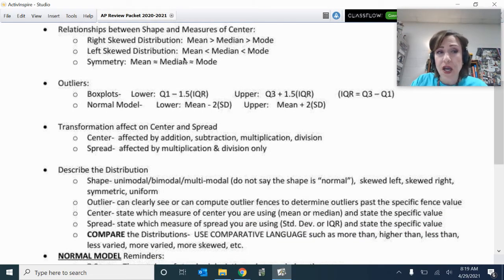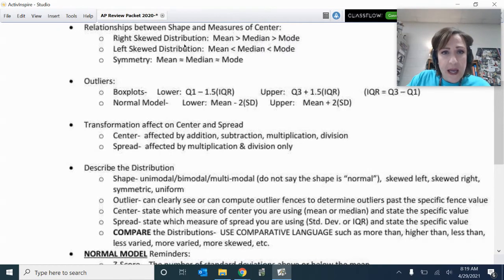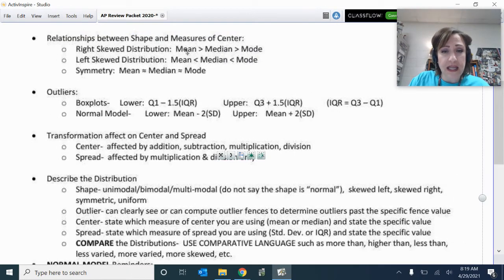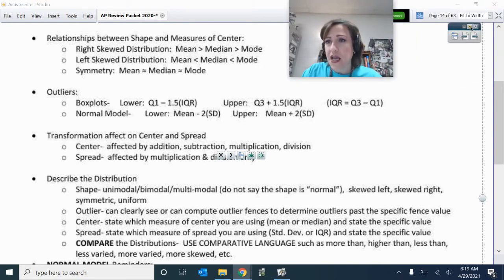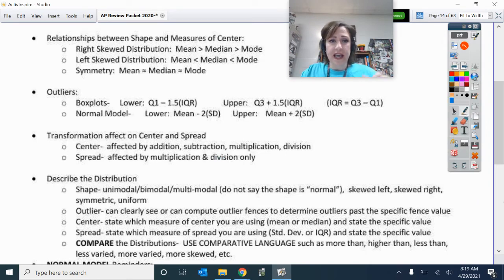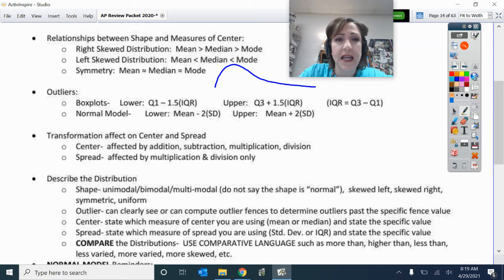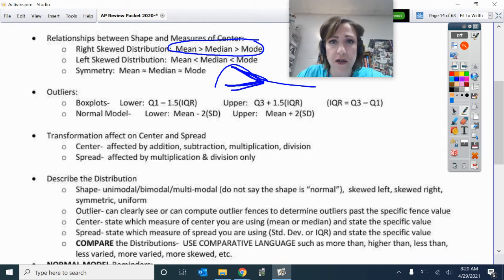All right, now remember that thing about writing mean, median, and mode. Mean, median, and mode. And then, based on that shape there, let me get my pen to write with. So based on that relationship, if you've got skewed right, then the mean is greater than the median, which is greater than the mode.